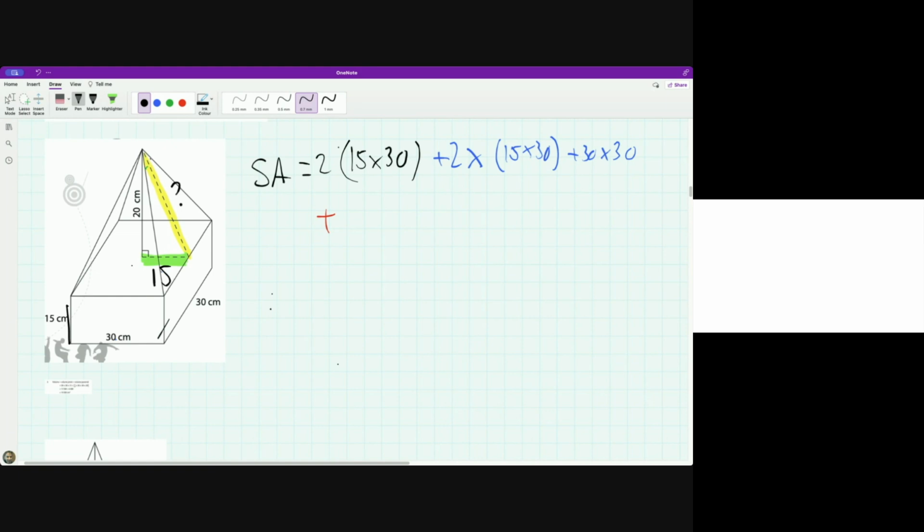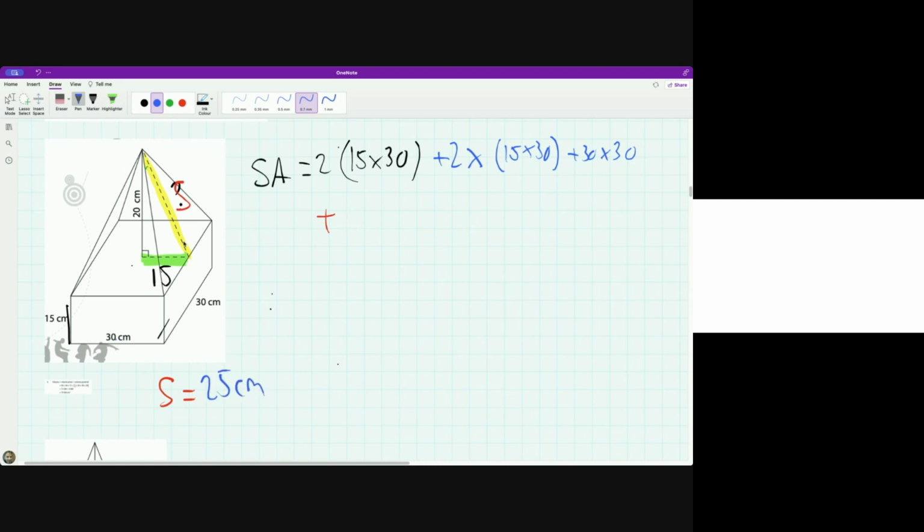So now work out for me what that slant height is. By Pythagoras, S is indeed 25. So we'll say 25 centimeters.